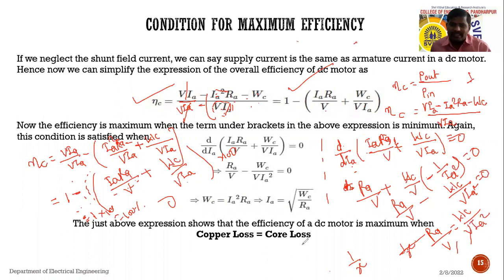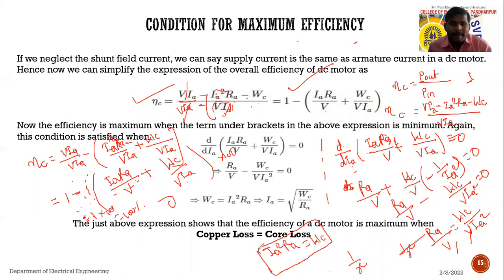This V gets cancelled. The IA is shifted to the left hand side, so IA square into RA equals WC. This is the condition we obtain.